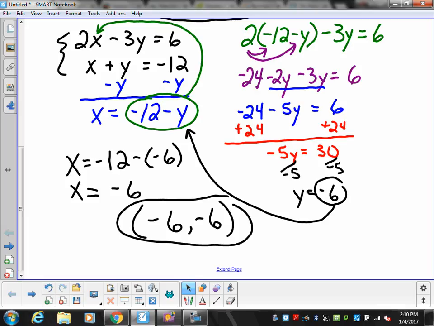So this one would have been one where you could have figured it out from a graph. You okay with this one?